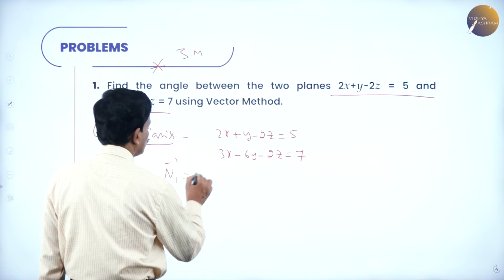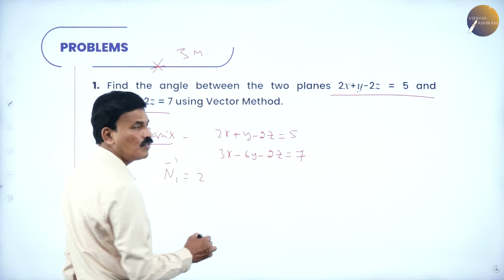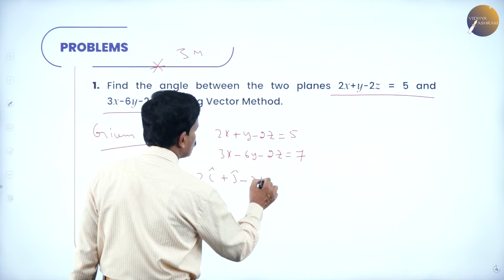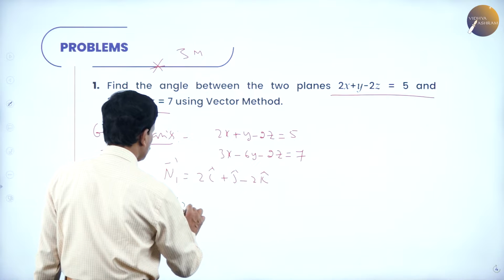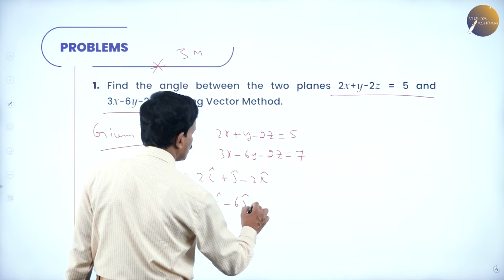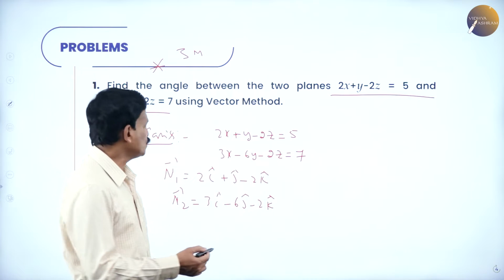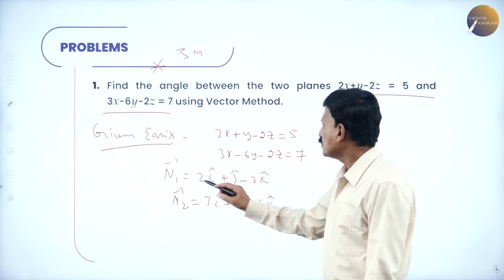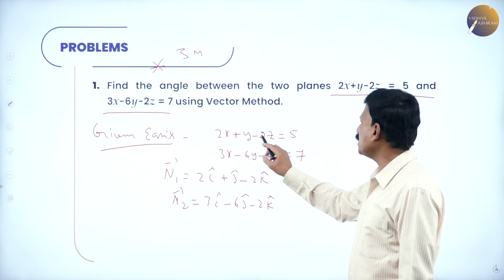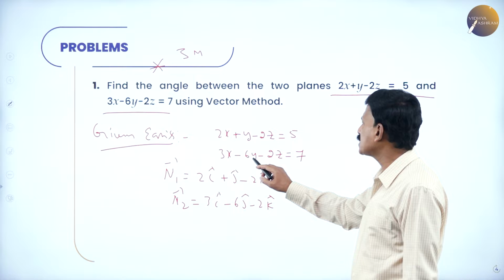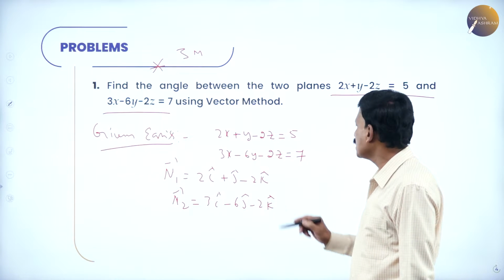Vector n1 can be written using the coefficients of x, y and z. So n1 is 2i plus j minus 2k, and n2 is 3i minus 6j minus 2k.